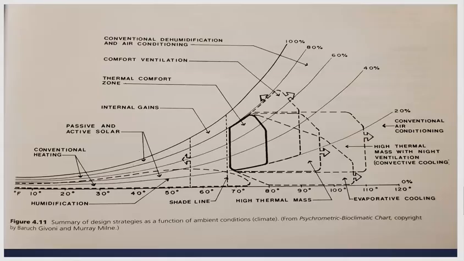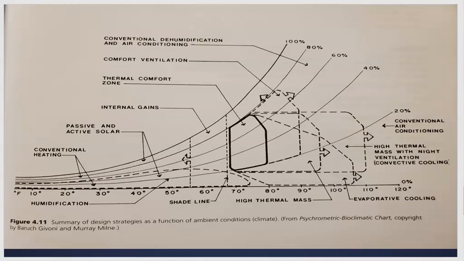This chart, which actually comes from MEB, Mechanical Electrical Systems and Buildings, discusses different strategies you can use to change the space to make it more of a thermal comfort level.